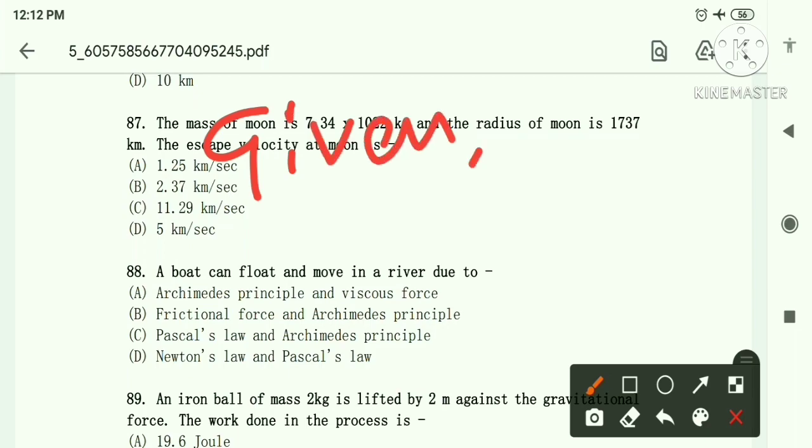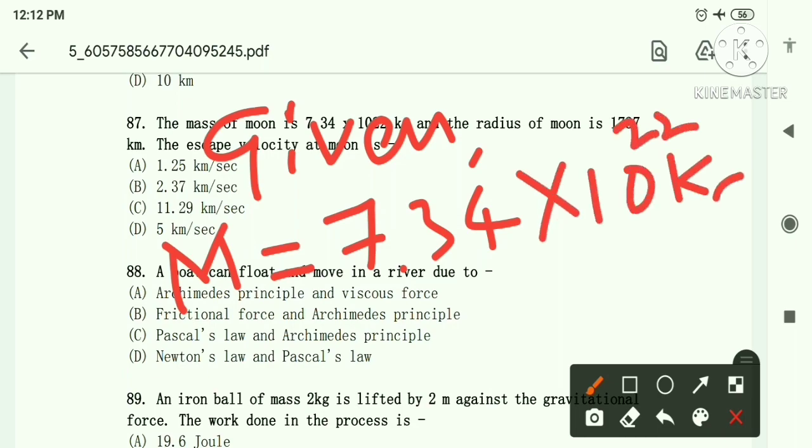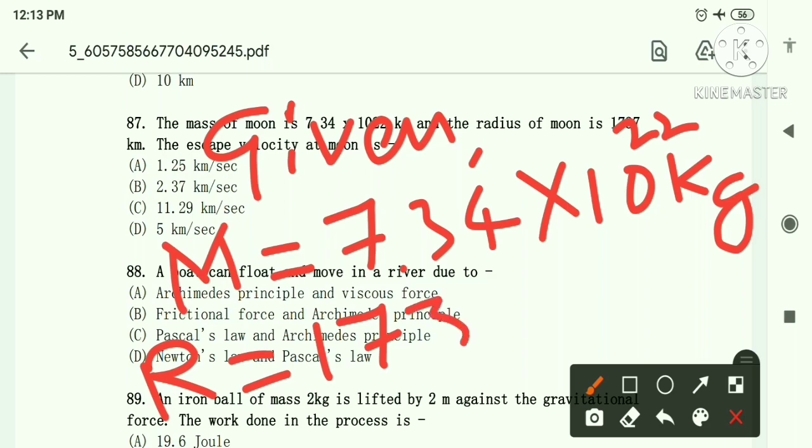Here it is given the mass of the moon, m is equal to 7.34 into 10 raised to 22 kg. Okay, write the value correctly as 10 raised to 22 kg. Now the radius of the moon is given here, r is equal to 1737 kilometer.